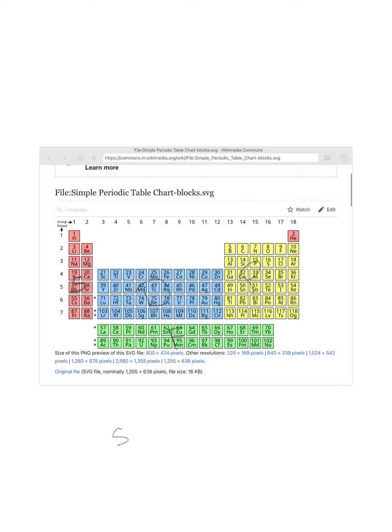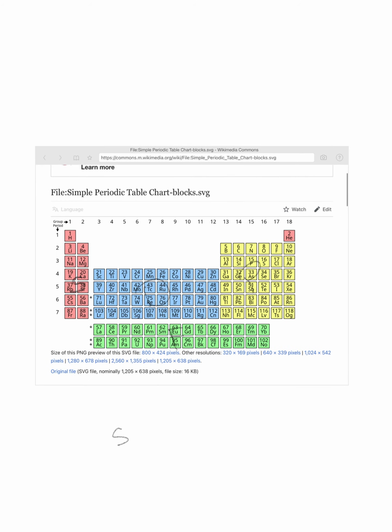So this is a diagram of the periodic table. What I did was I labeled the parts according to whether it was S, P, D, and F. So you can see over here groups 1 and 2, right, that's the S block. So this right here, this is the S block, groups 1 and 2.